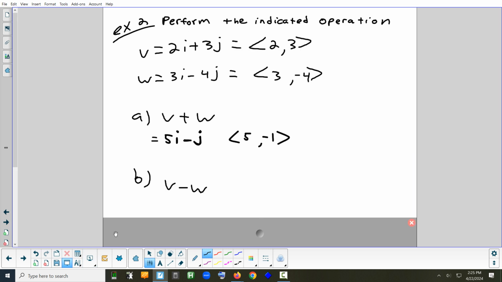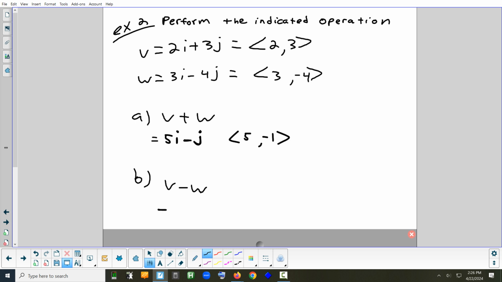All right, let's subtract. So the old way, you'd have to take w, flip it around, and then put it on the end of v. We're not drawing it now. We're just going to subtract it. What would be my horizontal component? And let's do it with the i's and j's first. Negative 1i.